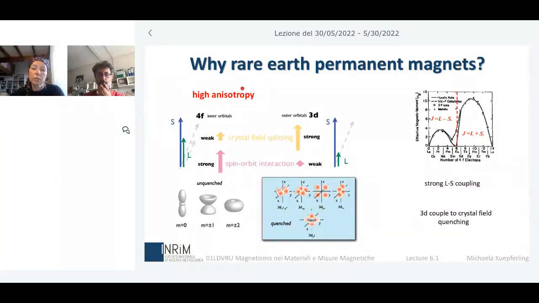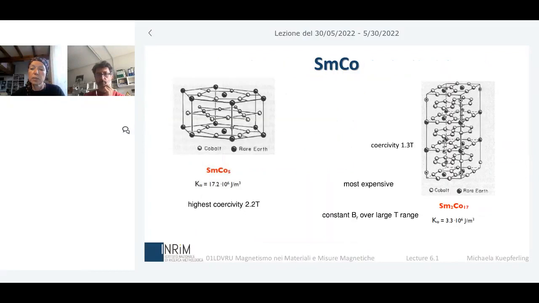We bring in high anisotropy and we bring in exchange interaction from the 3d element. And in this way, you can produce a very good permanent magnet. You can see as an example, samarium cobalt. I told you that this is one of the best with the highest coercivity, 2.2 Tesla. It is really an outstanding coercivity.